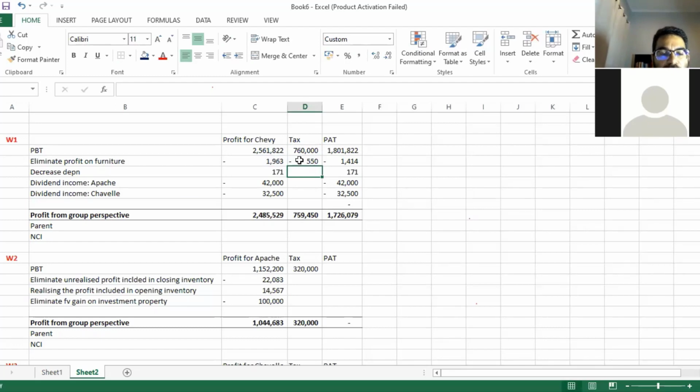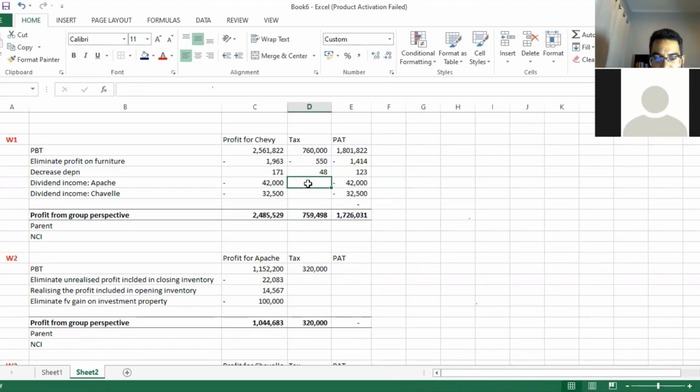I expect my tax to go down. Because my profit is going down, my tax is going down, so being negative, totally fine. Similarly over here, because I'm decreasing depreciation, my profit is increasing. Because my profit is increasing, I expect tax to go up. So therefore, it is correctly a positive.